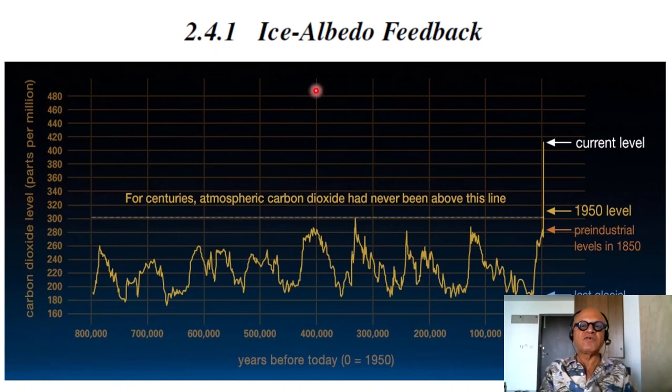So ice albedo feedback is one of the most important ones on long time scales. Tied in with that is the water vapor feedback, as we said. So this was the long-term time series from the Vostok ice core.